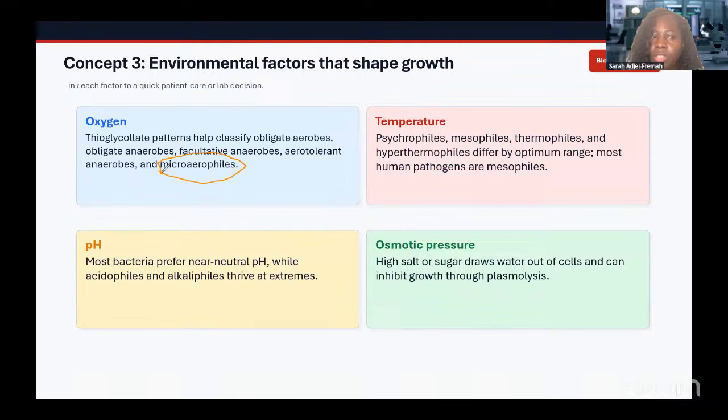Another question: anaerobes, they cannot tolerate oxygen, or oxygen is poisonous to anaerobes. Why is oxygen poisonous to anaerobes? So let's get some feedback in the chat section. Okay, so I'm getting some feedback.